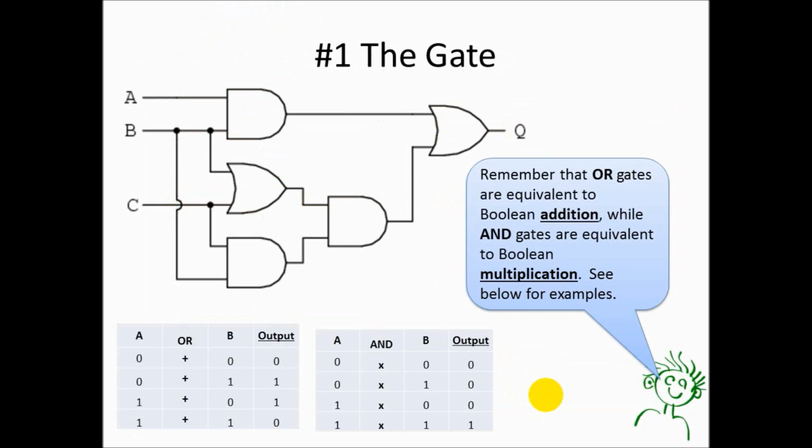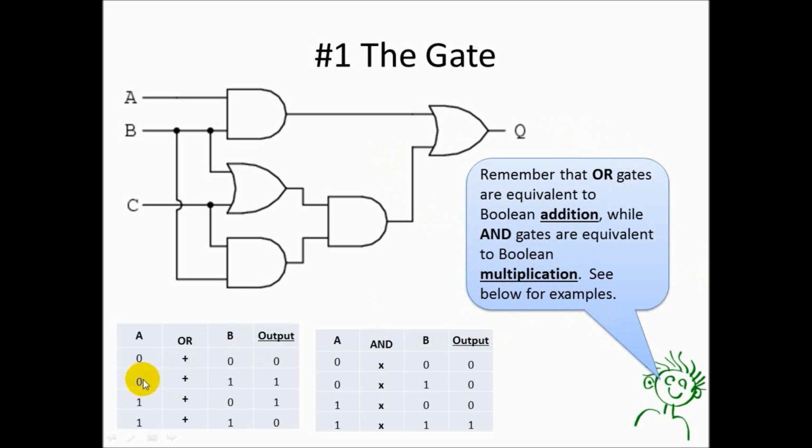And remember that OR gates are equivalent to Boolean addition, while AND gates are equivalent to Boolean multiplication. If you understand this, you'll know how to sequence the expression, or how to deal with the expression in the correct order. So if you were given a combination of multiplication and addition, multiplication must be done first.